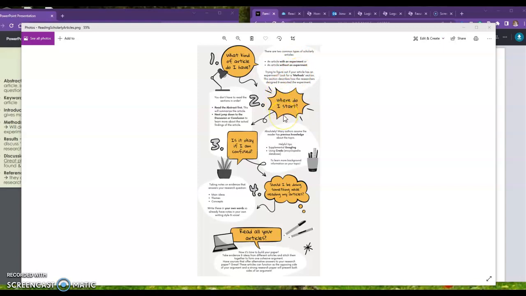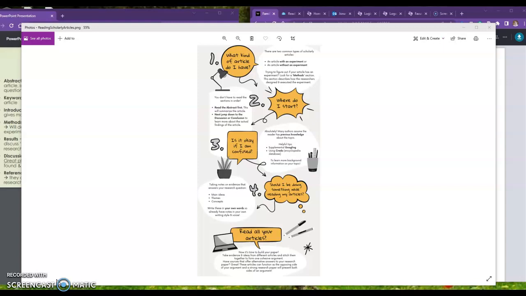Number two, where do I start? Here is where we go into the next section, which we call the sandwich method. Think of it this way: you have the top piece of bread, the top part of your sandwich.